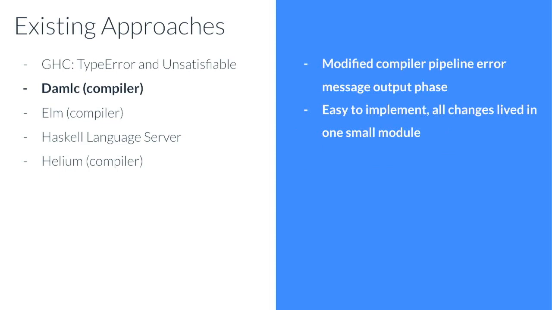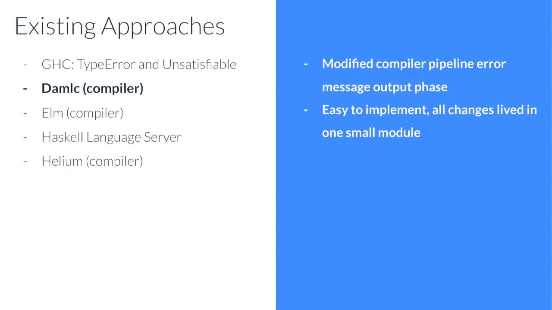Now, the DAML-C compiler, and this is where we first encountered this problem, at Digital Asset, we have this compiler for a smart contract language, which is essentially a DSL built on top of Haskell, right? But the problem was our clients use this DSL built on top of Haskell, and then they do something wrong, and all of a sudden they get the full Hydra internally, right? And they don't want that.